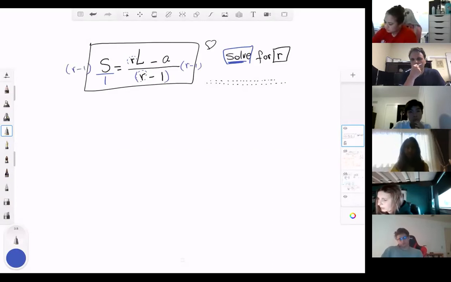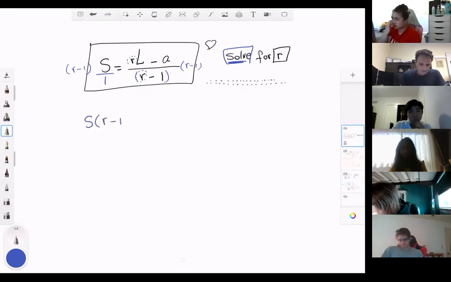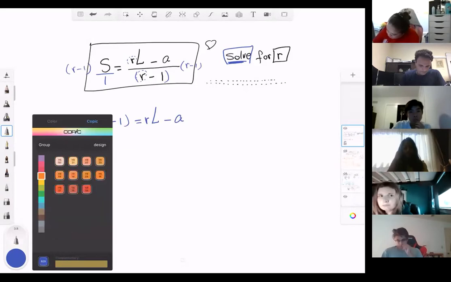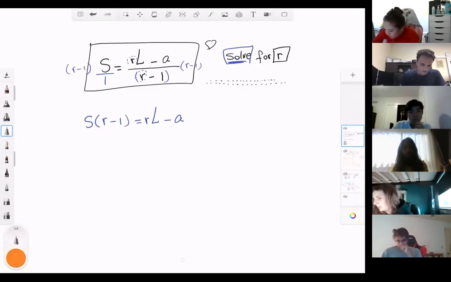So we're going to have S times (R minus 1) equal to RL minus A. This R you're looking for, also that R, is the same R.